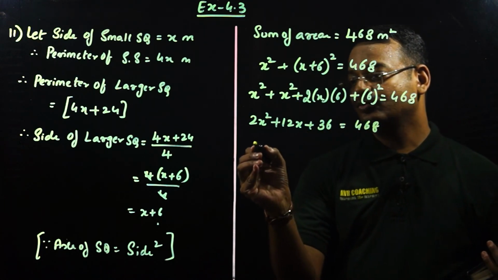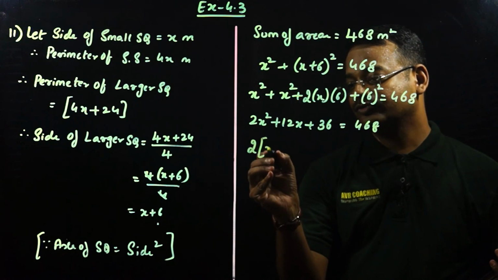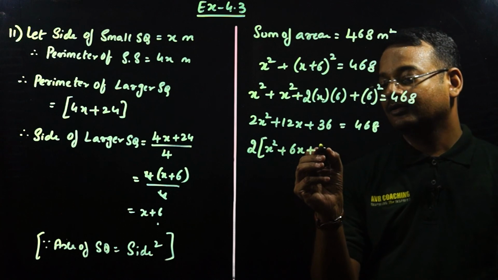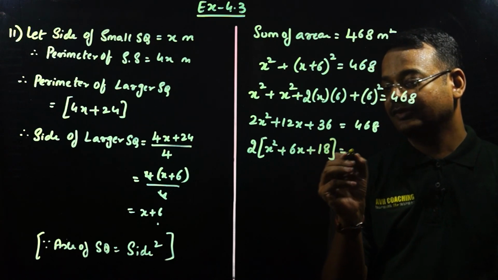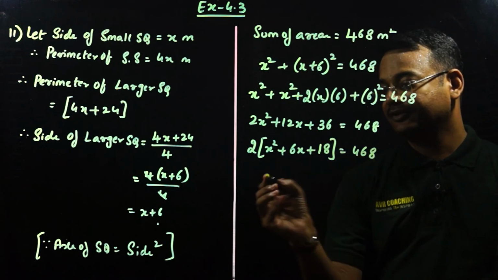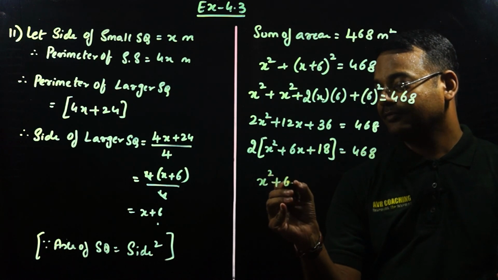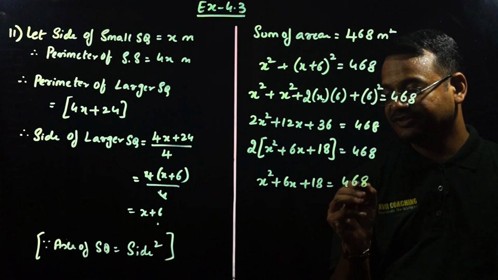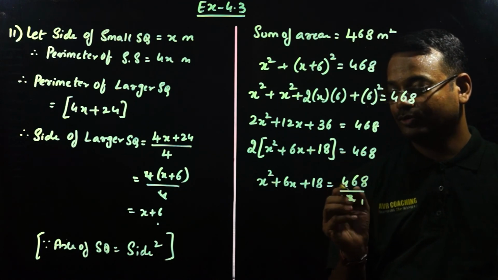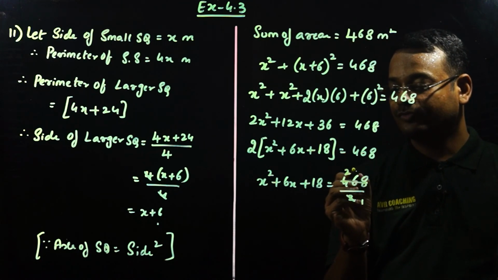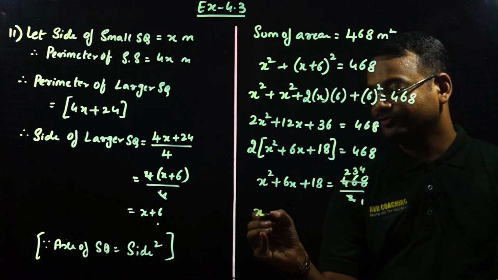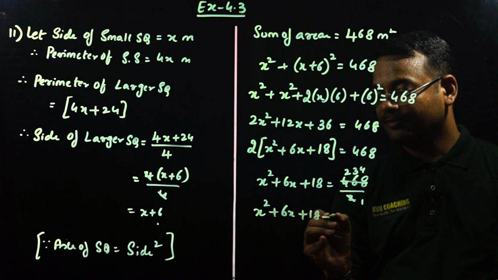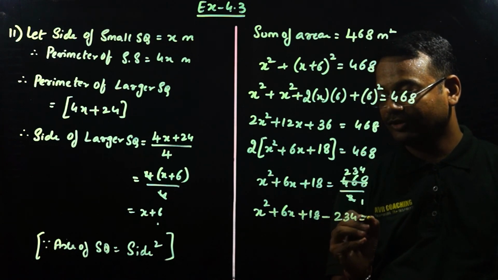Clearly 2 we can take common here, so this is x square plus 6x plus 18 is equal to 468 divided by 2, which is 234. So this is x square plus 6x plus 18 minus 234 equal to 0.